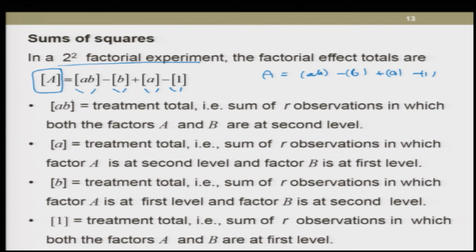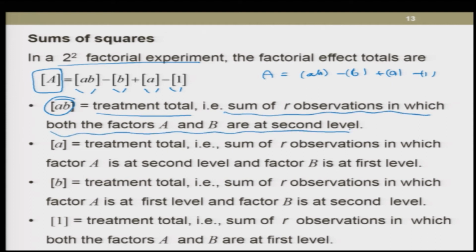So, this square bracket ab denotes the treatment total, that is the sum of r observations in which both the factors a and b are at the second level. And similarly, this a means that A is at the higher level and B is at the lower level.